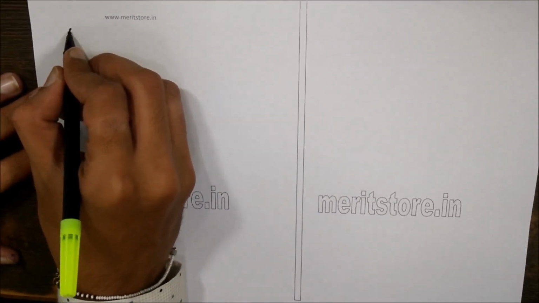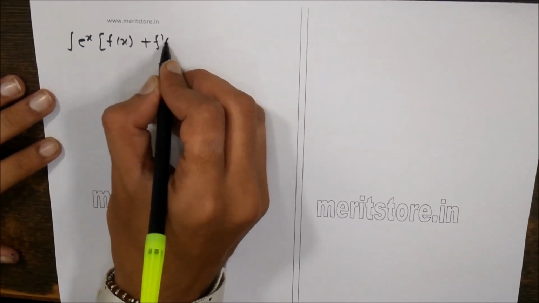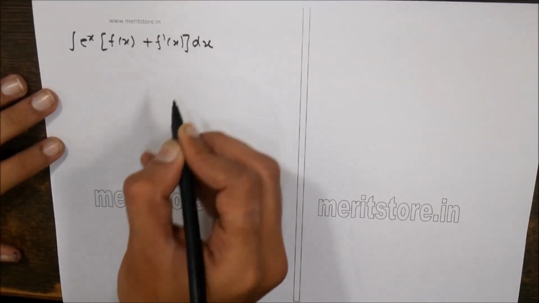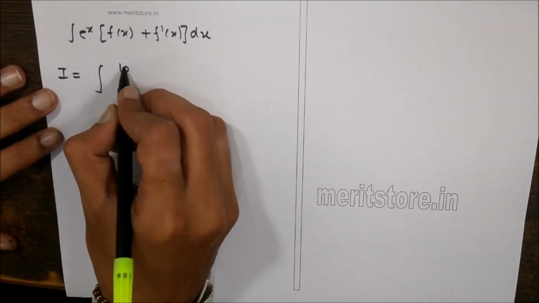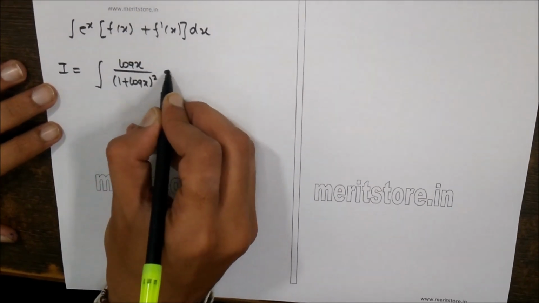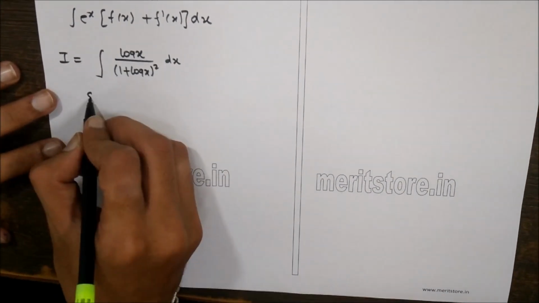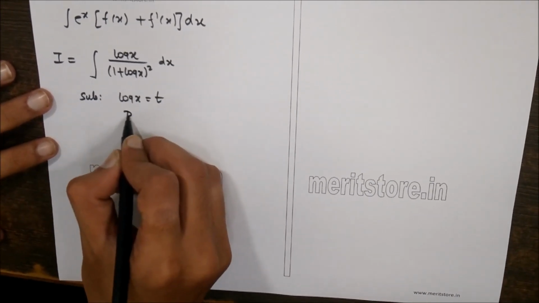In type 4, we are now continuing with the integral of e raised to x times f of x plus f dash of x dx. Let's take an example. Integral of log x upon 1 plus log x the whole square. Substituting log x equal to t.